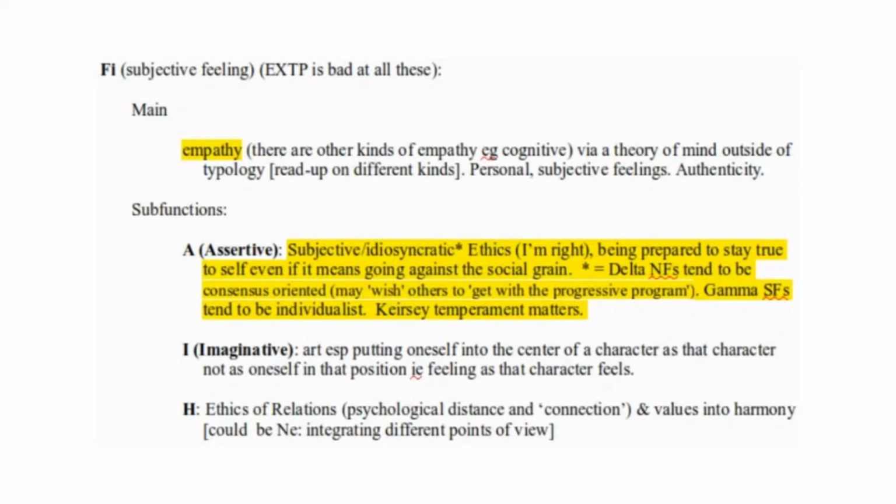Yeah, so this is the harmony side of FI. I suppose it's understanding how others feel about things rather than other people's points of view or thoughts. Yeah, okay, I can see that. Yeah, I like that. But it's all quite elegant.